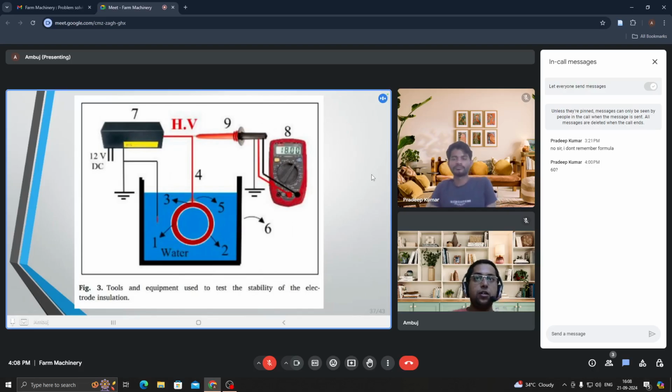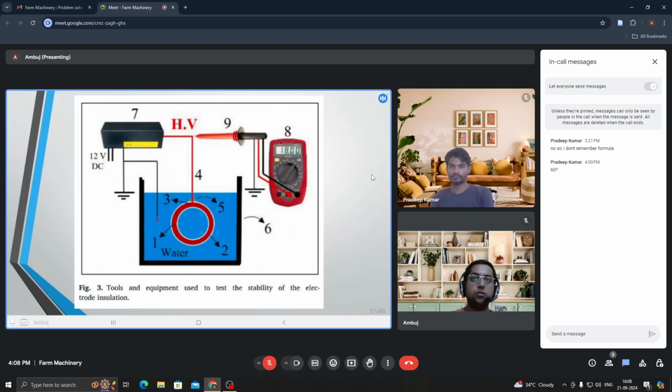Because the water is a neutral medium, when the electrode is immersed inside the water, a dipole moment would be generated and charge segregation would be there, and the entire electrode would be charged positively from this voltage source.